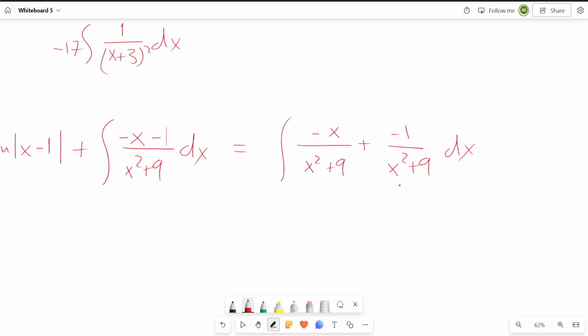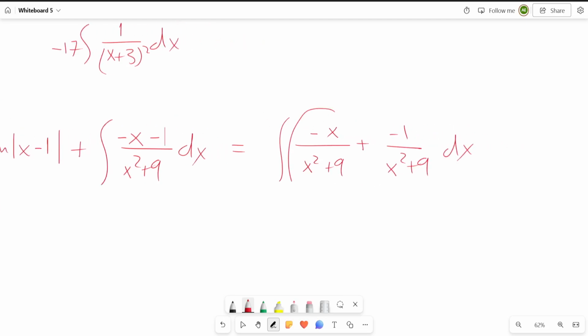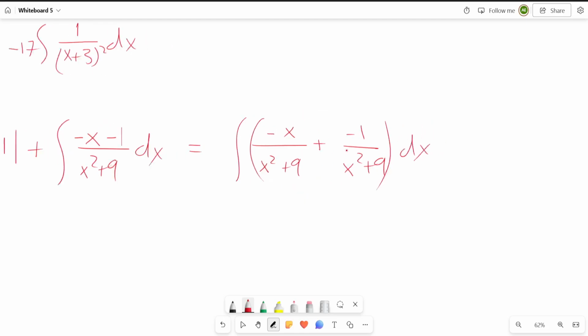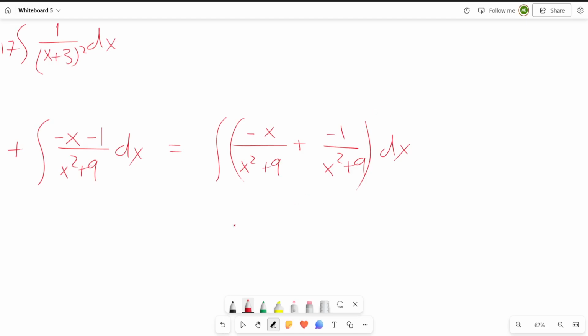Okay, so this term over here, I can use u substitution to solve. So let's say I'm going to take u as x squared plus 9. That's going to make du equal to 2x dx. So dx is equal to du over 2x. Let's perform my substitution now.